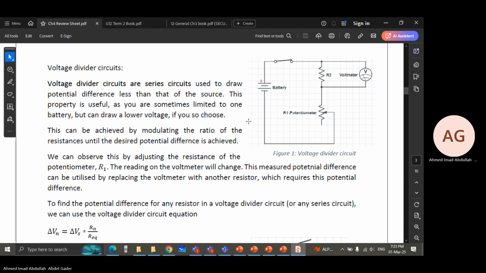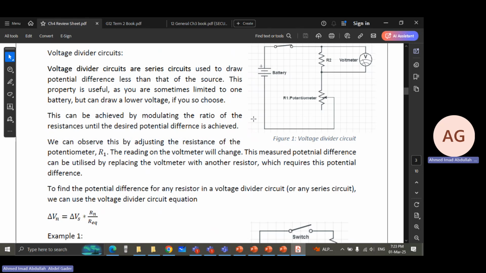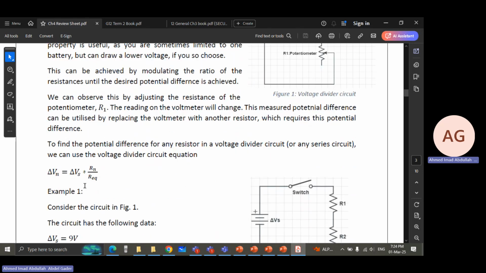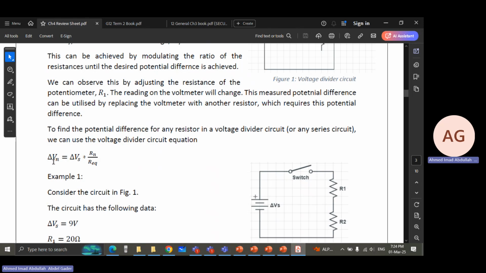Now, the relationship between the potential difference across R2, meaning delta V2, and the value of the two resistances and the potential difference of the battery is given by this formula here, which is delta Vn.